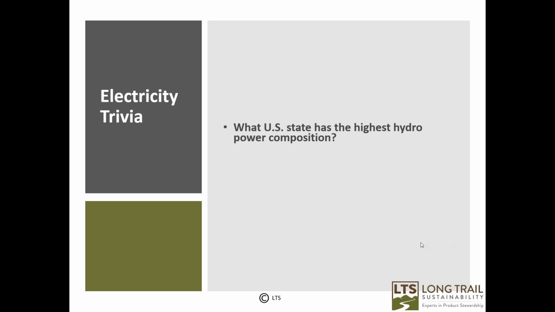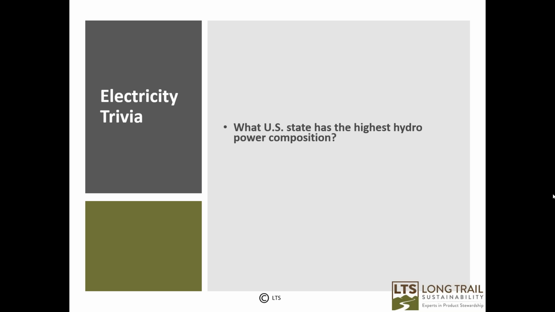All right, next question here. What US state has the highest hydropower composition? Of all 50 states, and we can include Washington, D.C. in this as well, what has the highest hydropower composition?